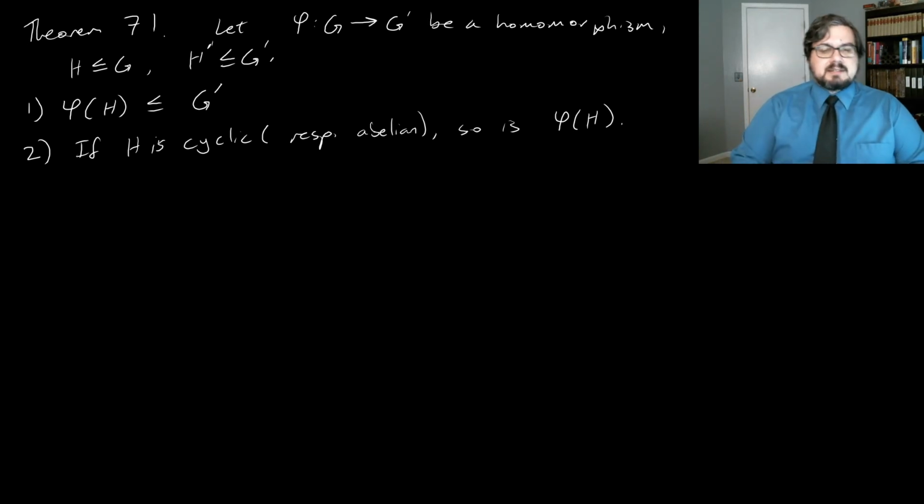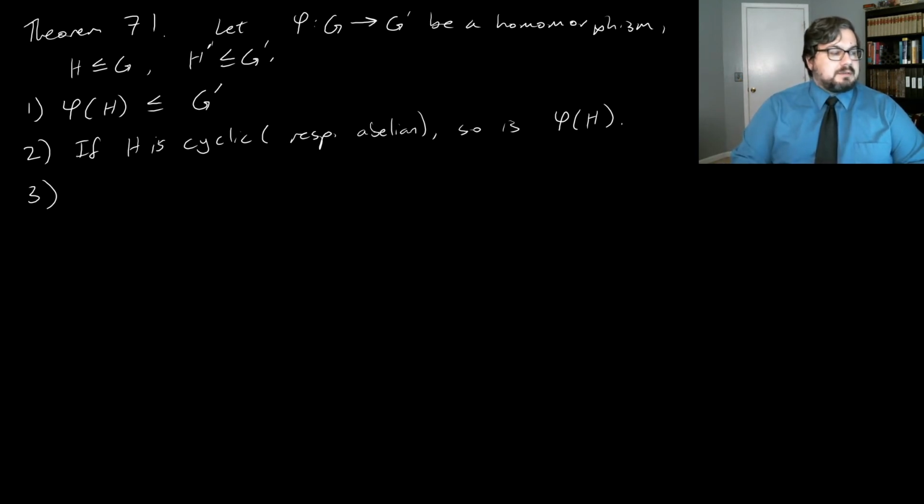So if H is a cyclic subgroup or is an abelian subgroup, then so will phi of H be. I should mention that we often apply this theorem when H or H prime are just the whole groups that they belong to.